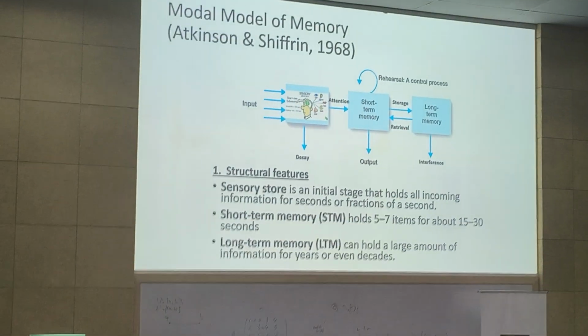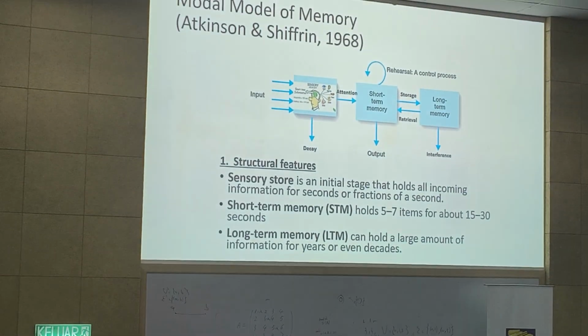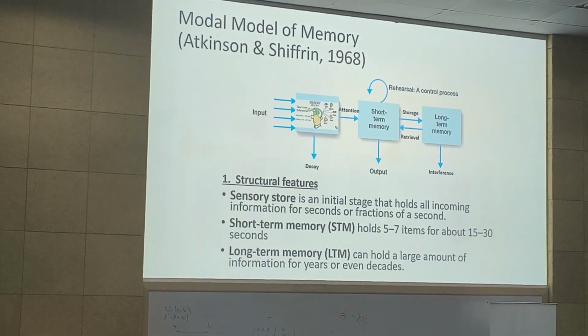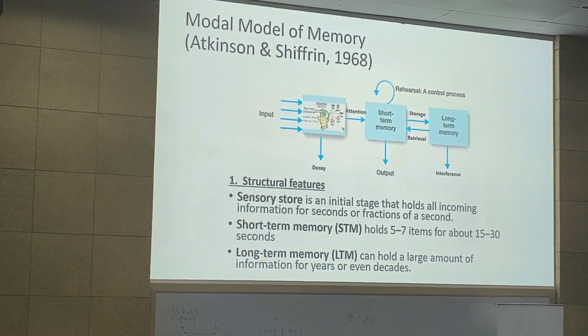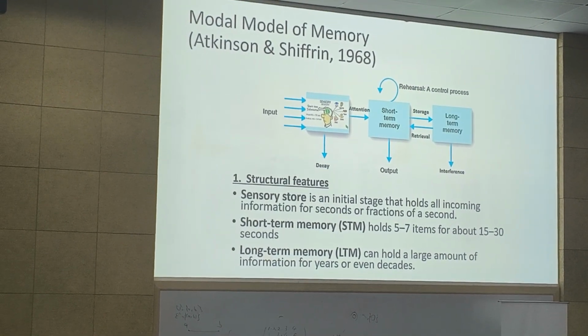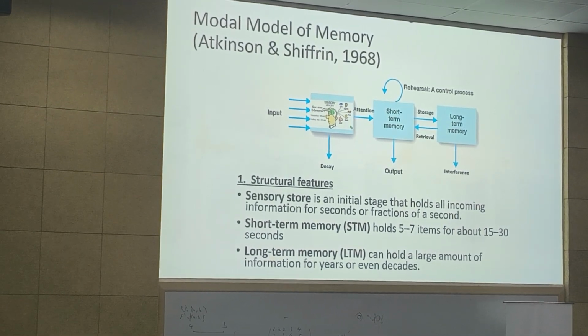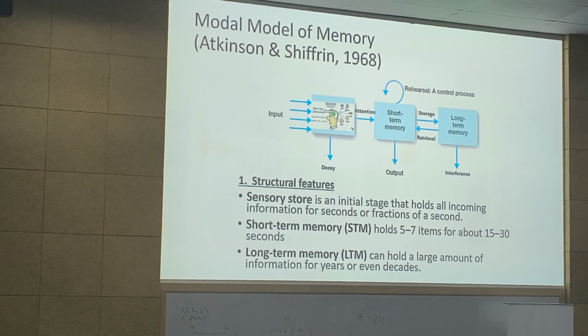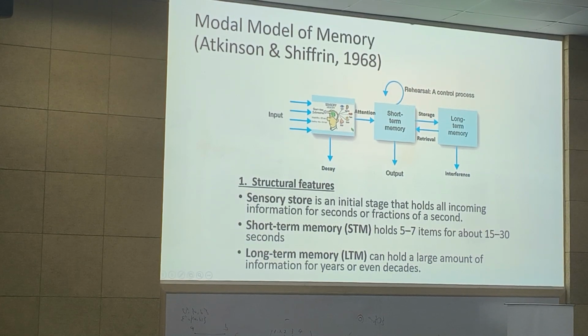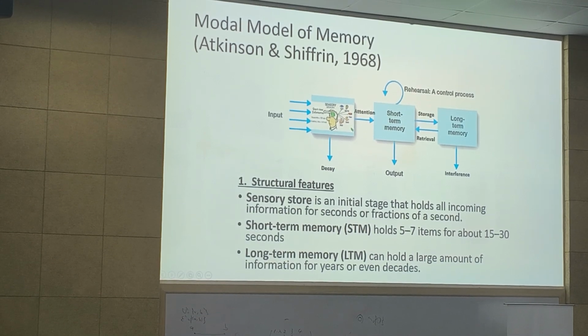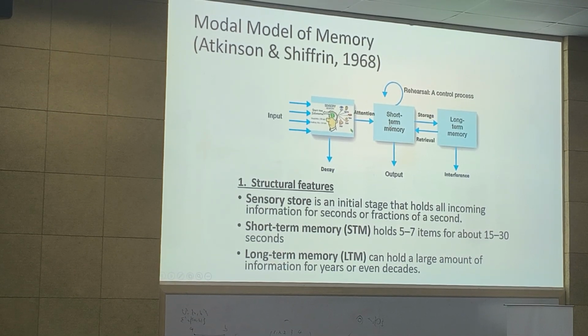So we also look at the most basic, probably the earliest memory model, called the modal model of memory by Atkinson and Shiffrin. So this memory model is divided into two parts. One is the structural features and another one is the control process. So when we receive the signals from all our five senses, it goes through to this level.